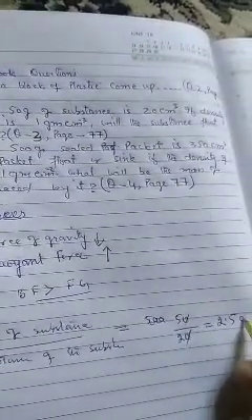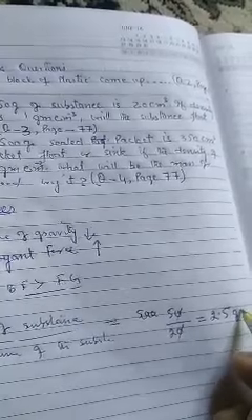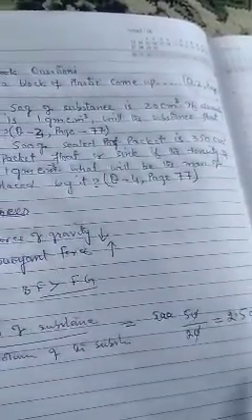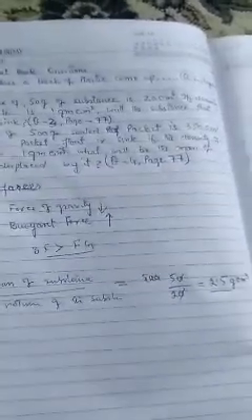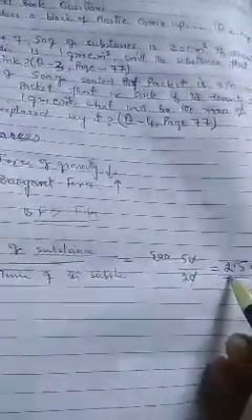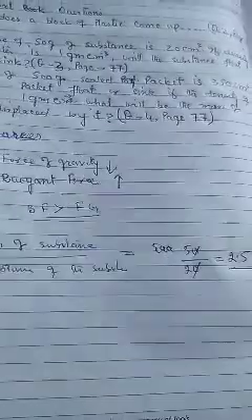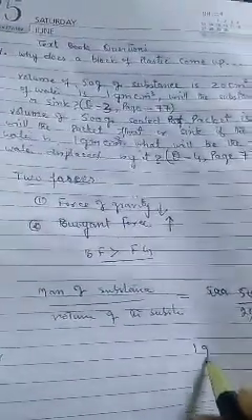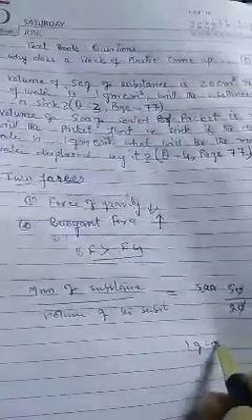2.5 gram per cubic centimeter. Now the density of this substance is 2.5, whereas that of water is 1 gram per cubic centimeter.